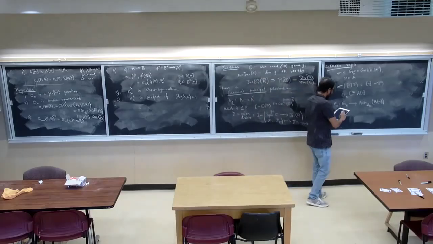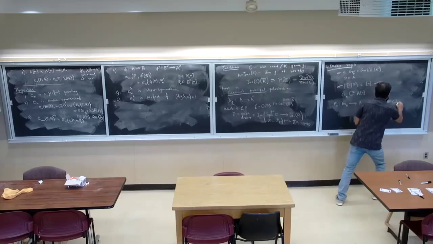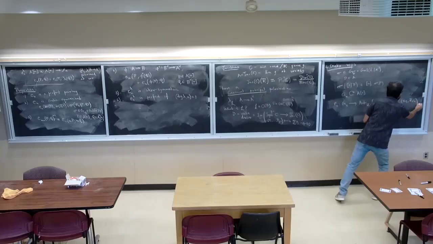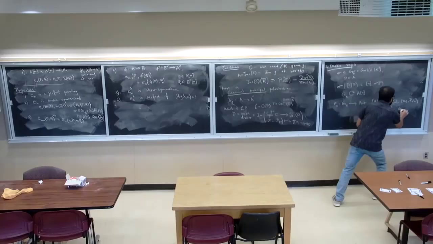And now I can say that this is equal to GL_2g(Z/n), assuming that n is different from the characteristic of the base field, that is, the characteristic of K is co-prime to n.